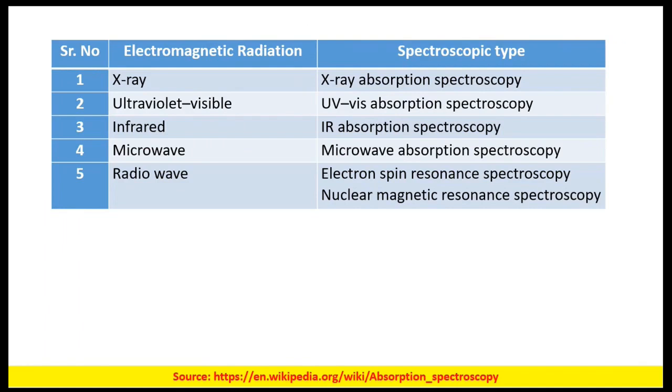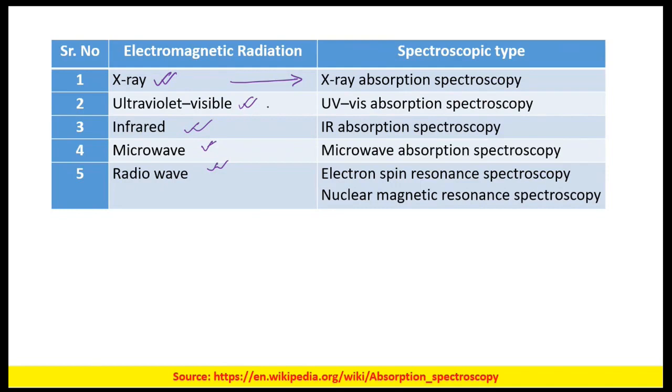Now talking about the spectroscopic types, there are 5 types of electromagnetic radiations usually used in spectroscopy. The first one is X-ray, the second is ultraviolet and visible, then infrared, microwave, and radio waves. When we use X-ray, it is X-ray absorption spectroscopy.